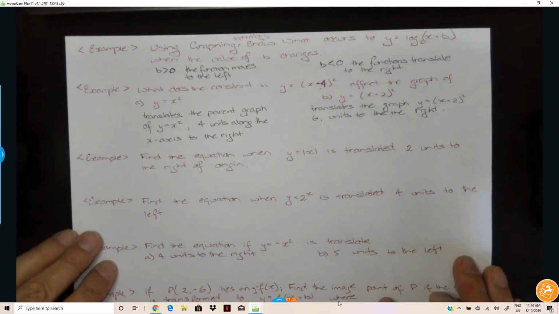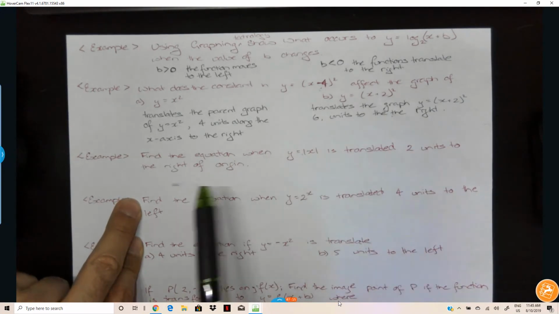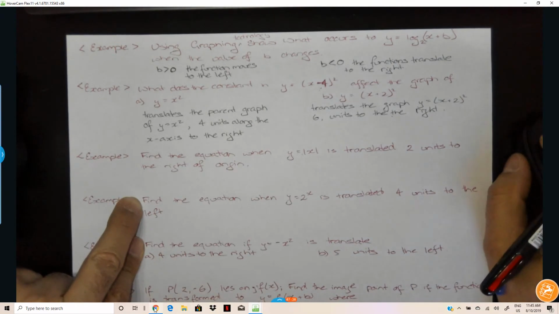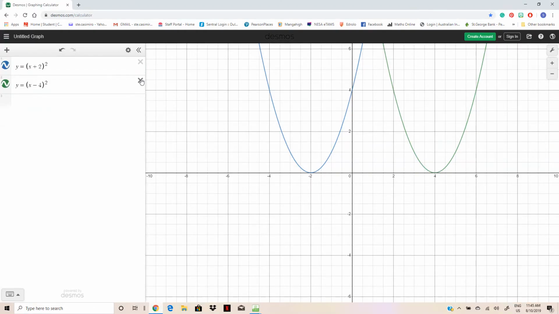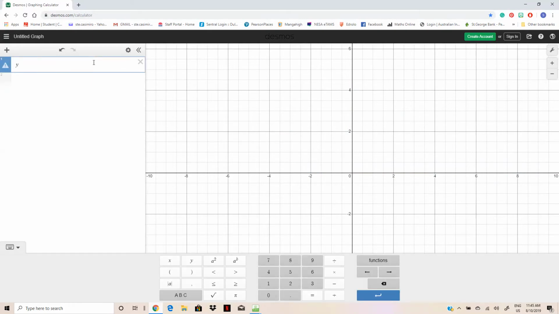All right, we want to find the equation when y equals absolute x is translated 2 units to the right of the origin. If we've forgotten what it looks like, y equals the absolute of x looks like that. If I want to translate it 2 units to the right of the origin, I'm going to subtract 2 from the inside of x.